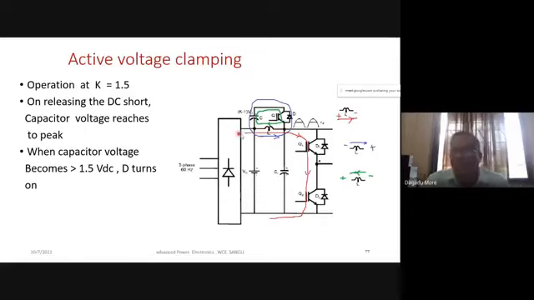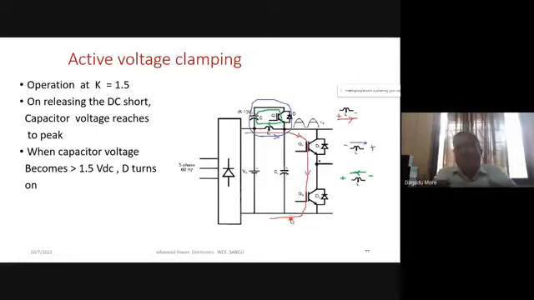I have shown here a red path of current. That current will pass through the switches Q1 and Q4. What is the purpose of turning on Q1 and Q4?